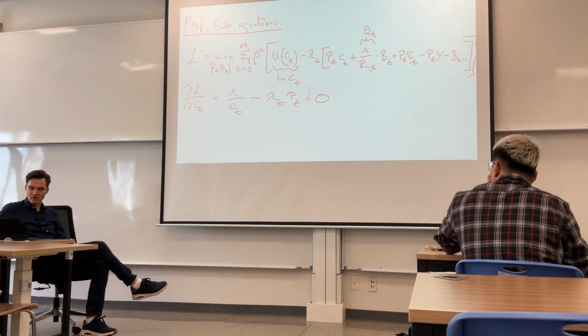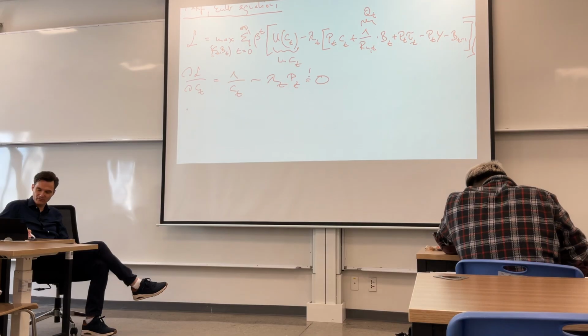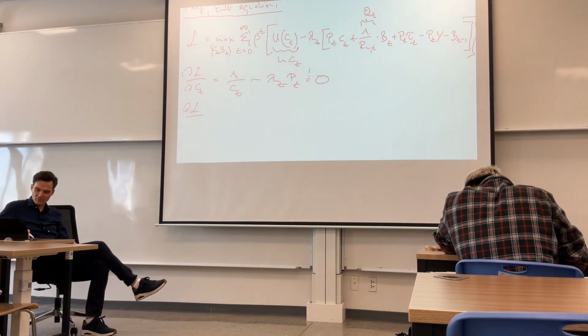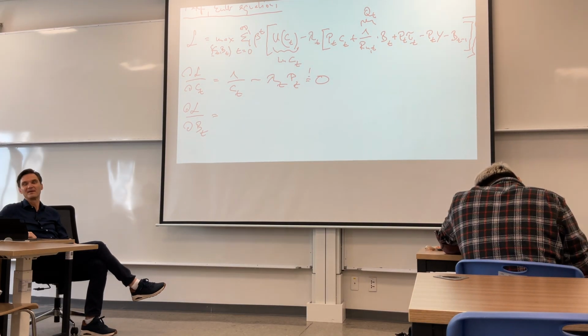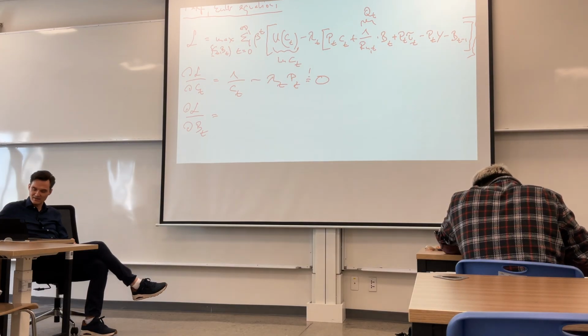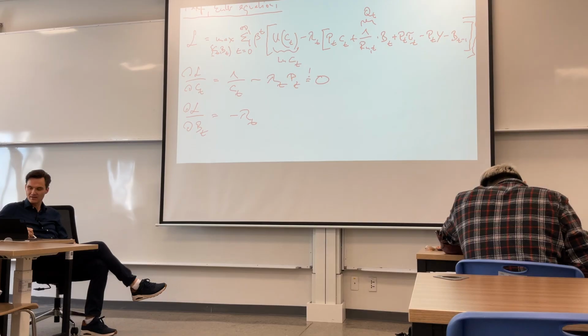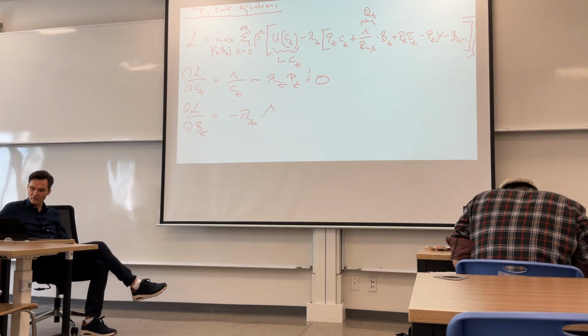And now we have one left over, so that's the derivative of the Lagrangian with respect to government debt, right? Or the assets. So now help me with this one. How do you write this? Minus lambda t, 1 over R n comma t.